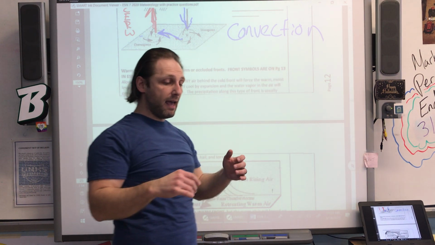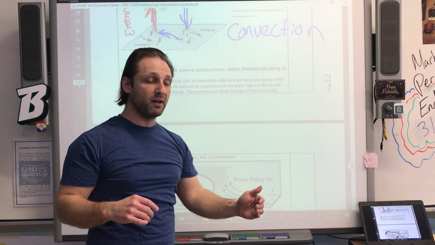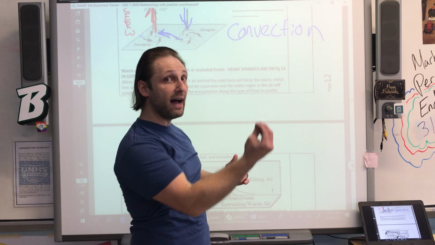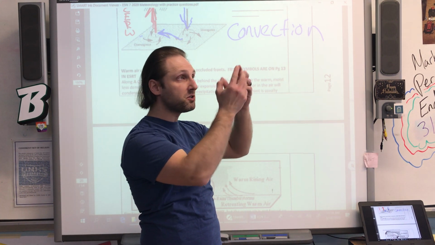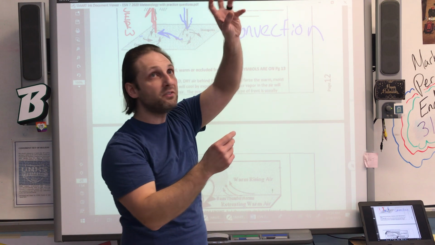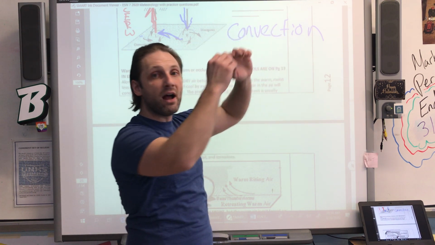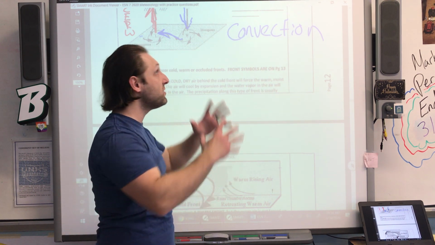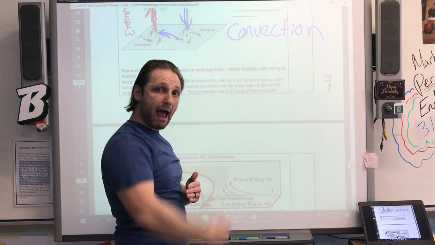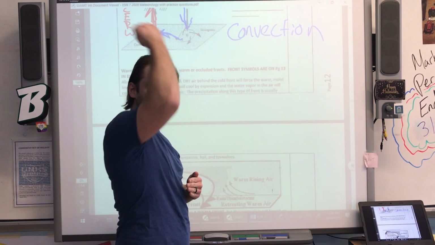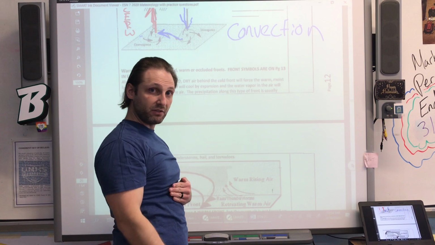So you're getting that warm air that's in front of the cold front. It's going to rise. It's going to do a little expansion. It's going to start to cool. It's going to find a condensation nuclei and form around that condensation nuclei and eventually become clouds right at the leading front of my air mass.